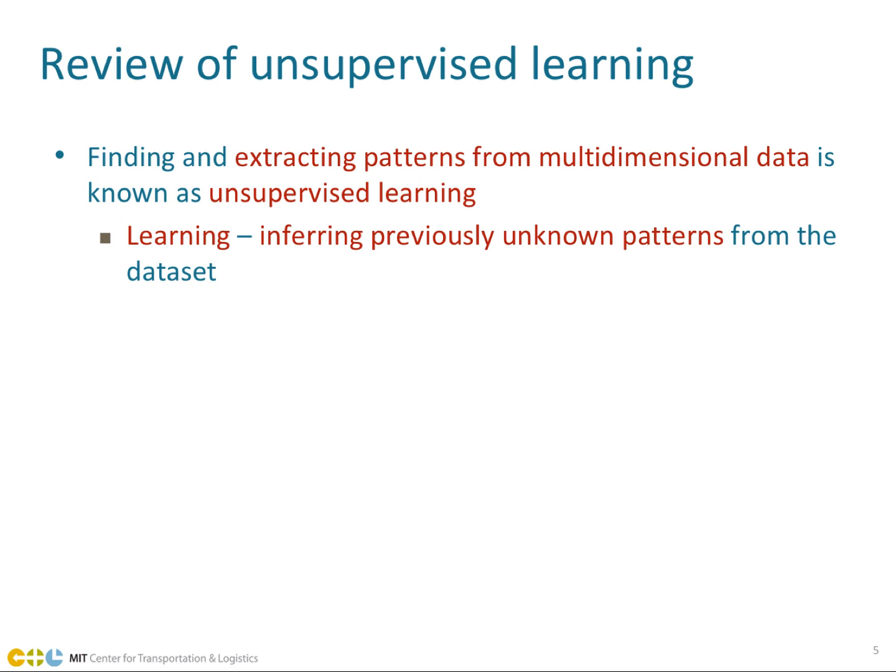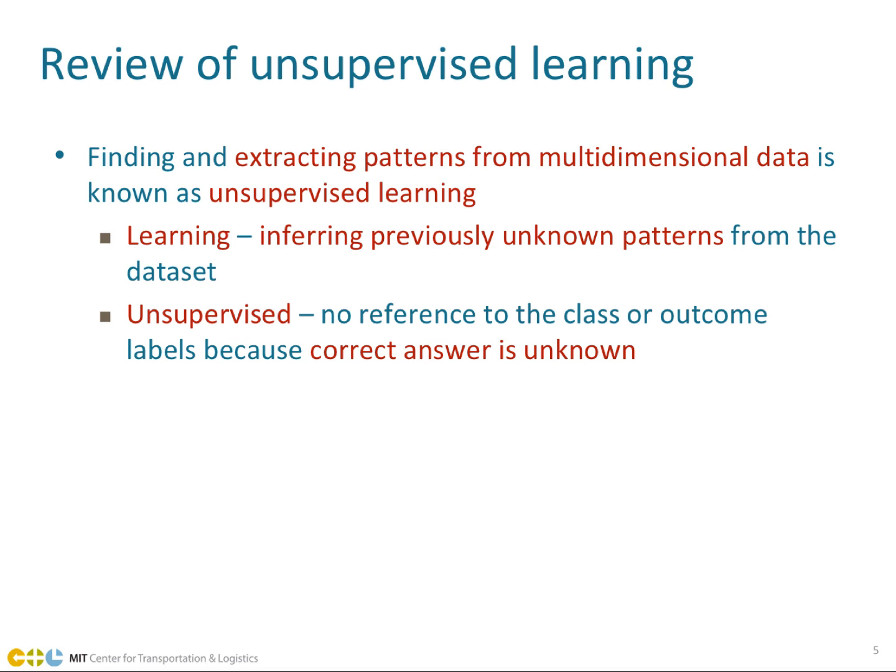So we'll be learning, which means we'll be inferring previously unknown patterns from the data set. And it's unsupervised because we have no labels. We have no reference to the class or the outcome value. And we don't have a correct answer in mind when we're trying to infer those unknown patterns from the input data. So we don't have any characteristic as the output right offhand.